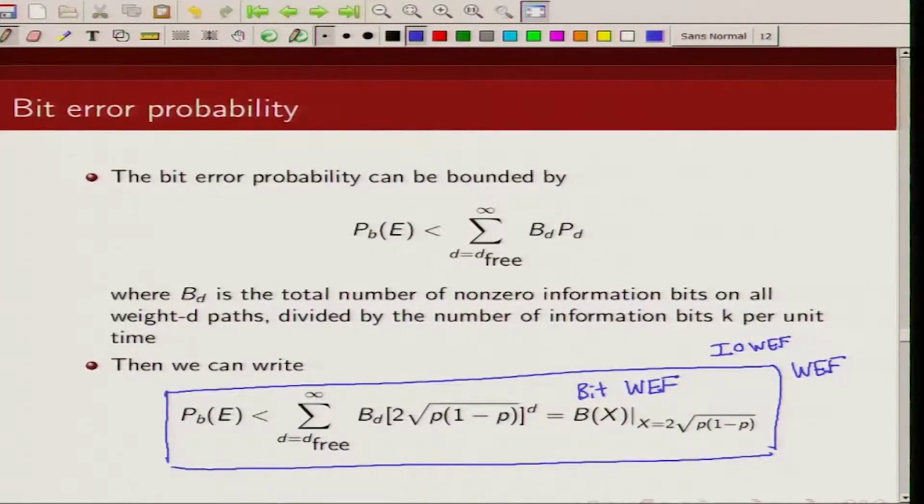We will talk about this. So, this can be computed from bit weight enumerating function by substituting x equal to this quantity. Okay. Let us just take an example to illustrate this.